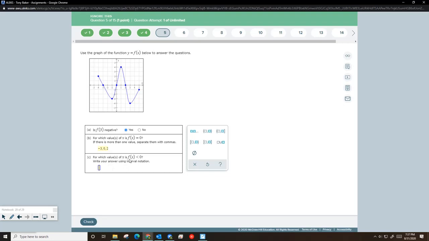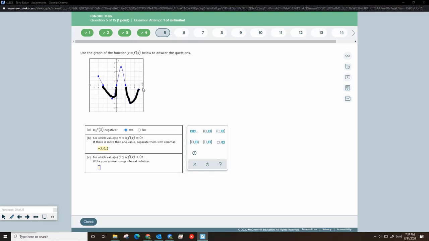The last part says, I want to know where the values of x, where it's going to be less than 0. So this one we have to do a little bit of a range, or an interval, for. So I've got the values right here, and then I've got the values right here. Those were all the values where it's less than 0.